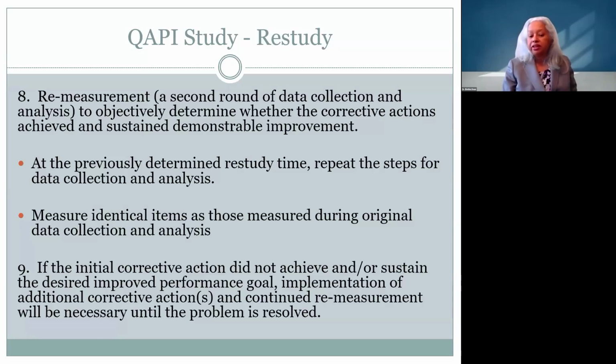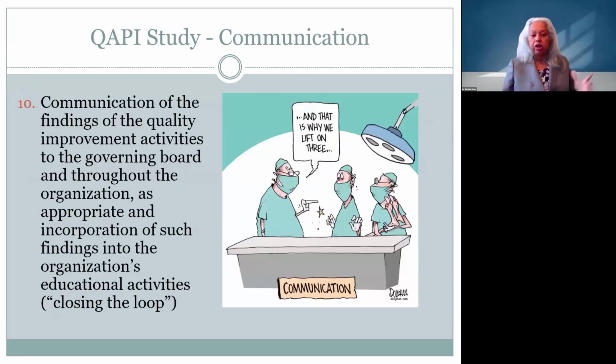That's what step 9 says. If the first corrective action didn't solve the problem, then you just continue going back and over until you achieve the goal. And finally, you want to communicate your findings to your board throughout the organization.